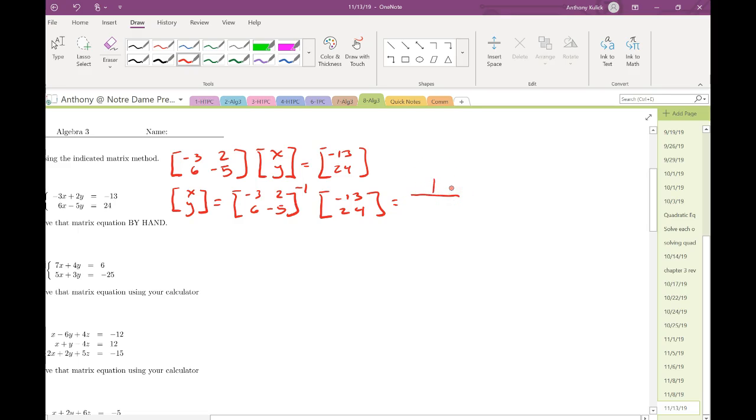That's going to be 1 over the determinant. So negative 3 times negative 5 is 15. And then minus 2 times 6, which is 12. Times the rearranged matrix. So the main diagonal, we switch the entries. And on the other diagonal, we switch the signs.